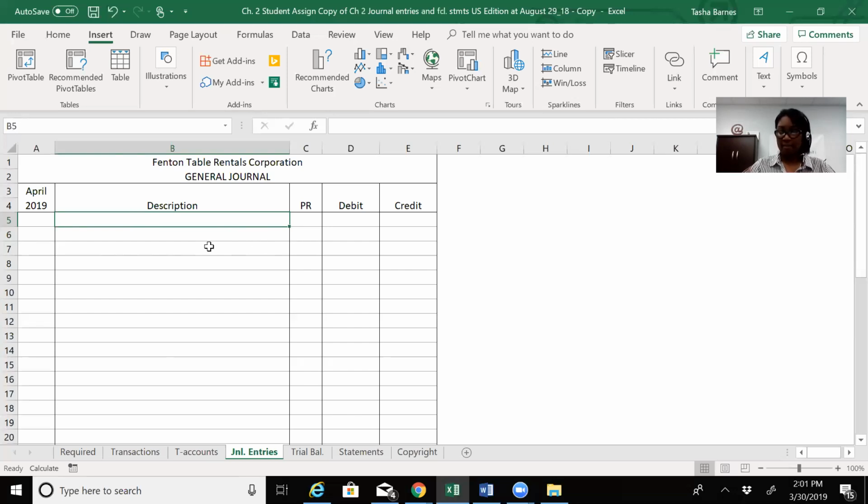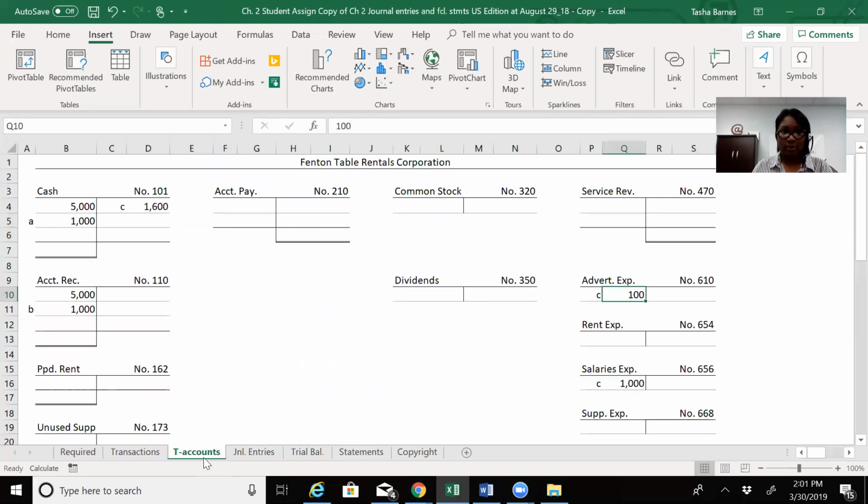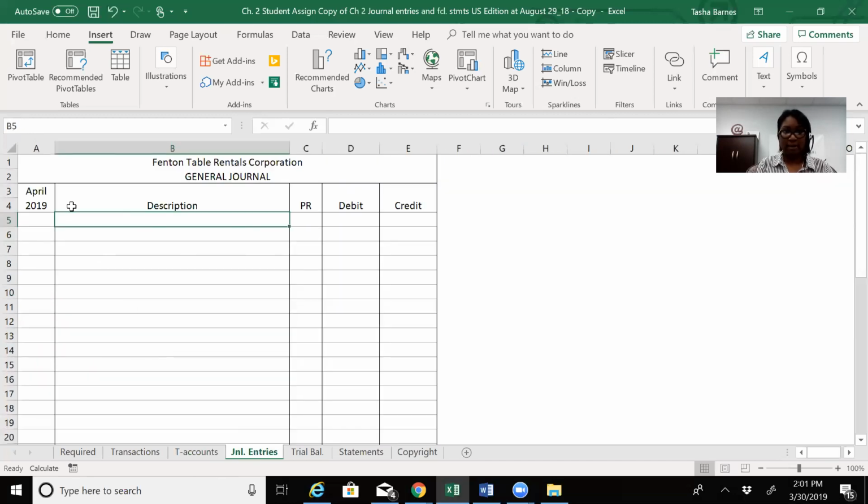So we collected cash owed by a customer. If we go back to our T account, we have our debit for $1,000 of cash. So over here, you're just going to type in cash, $1,000. All right. You collected cash from the customer.